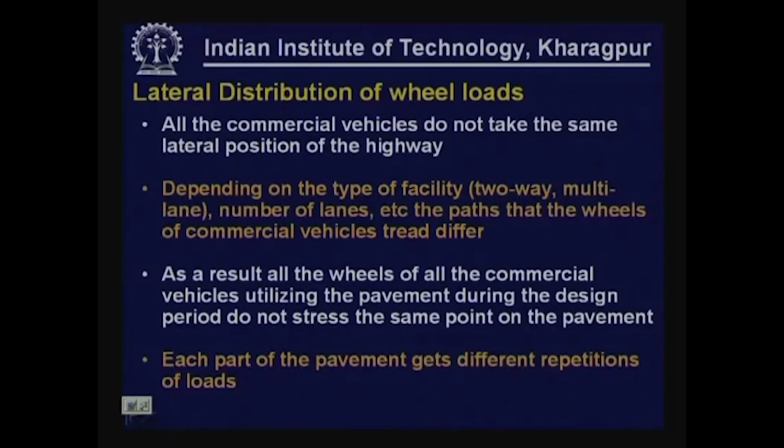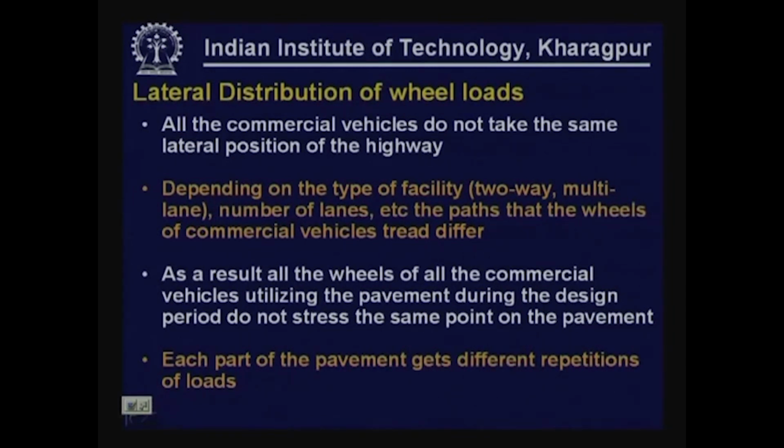All the commercial vehicles do not take the same lateral position on the highway. Depending on the type of facility and the number of lanes it has, the paths that the wheels of commercial vehicles tread differ. As a result, all the wheels of all the commercial vehicles utilizing the pavement during the design period do not load the same point on the pavement.